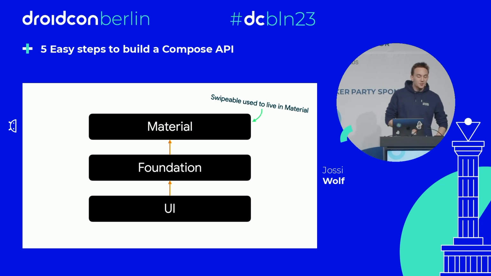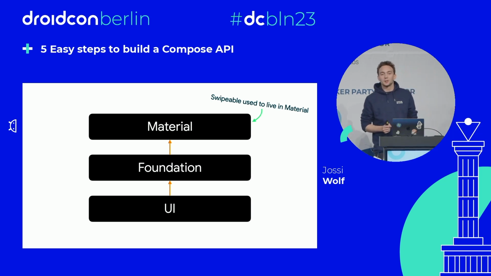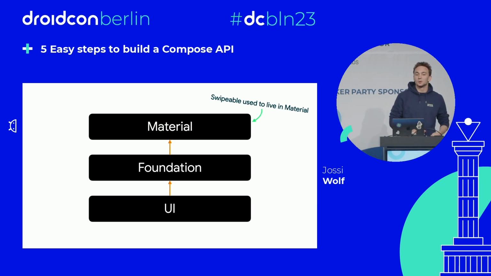And so we have this layering where we have UI, which contains very basic things, like some basic layouts and interactions with the accessibility system, and all of the foundations for the whole UI system. Then we have Foundation, which are ready-made building blocks that you need to build an app with Jetpack Compose. So that's, for example, draggable, scrollable, lazy is in Foundation, all that kind of stuff.